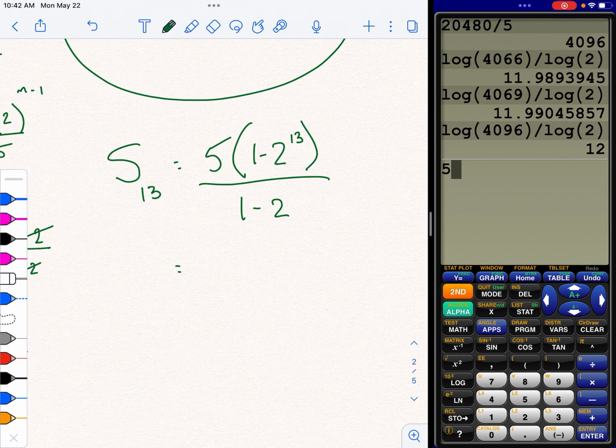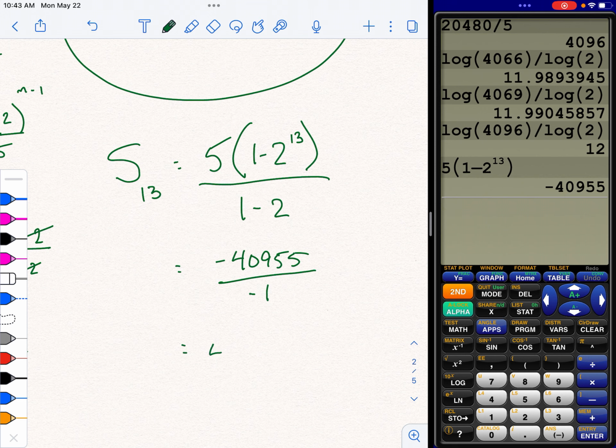So 5 times 1 minus 2 to the 13th power, close parentheses, and 1 minus 2, I already know that's just negative 1. So whatever my answer is, I'm just going to make opposite. And my answer is negative 4095. So I end up with negative 40955 over negative 1, which means 40955.